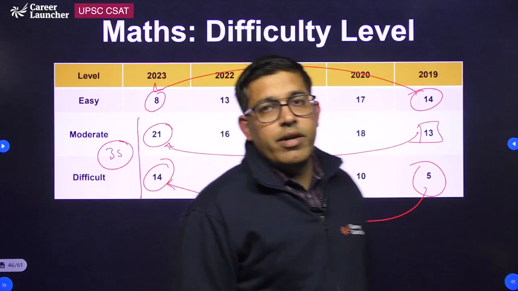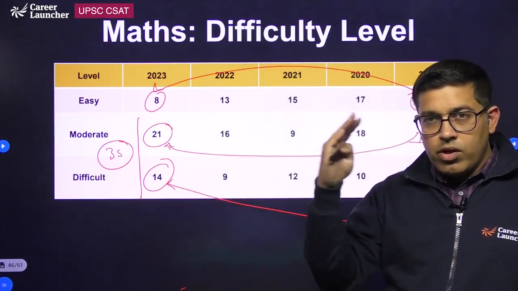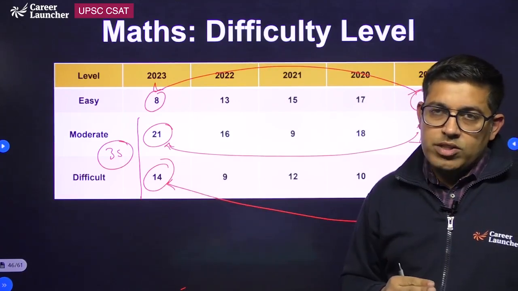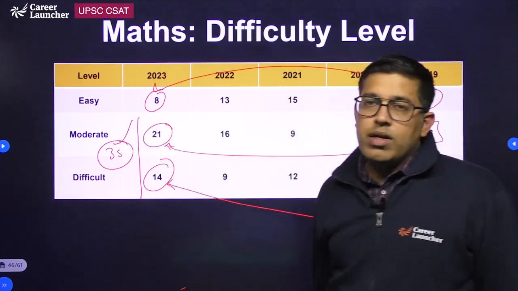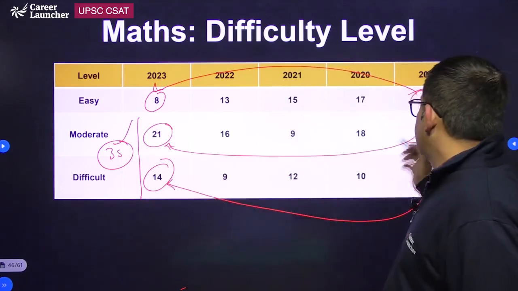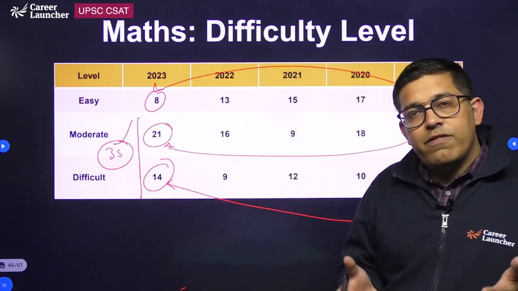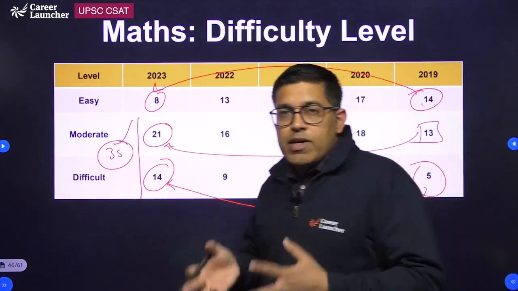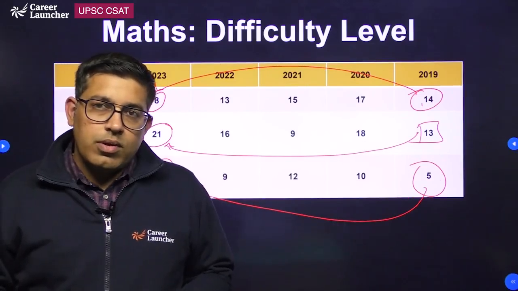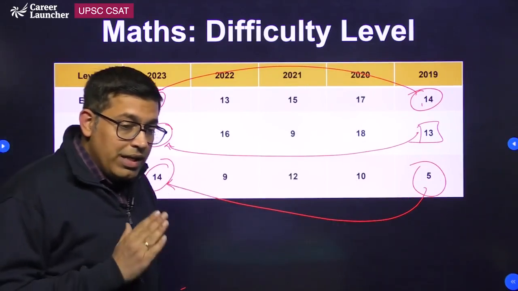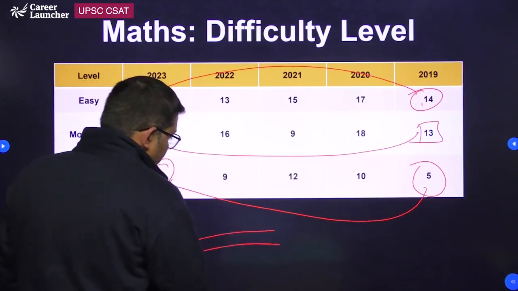The difficulty level has already doubled. And your easy questions went from 14 to 8, that means half. That itself shows that the paper has become double as difficult as it was. So it's not easy to score 66 out here.